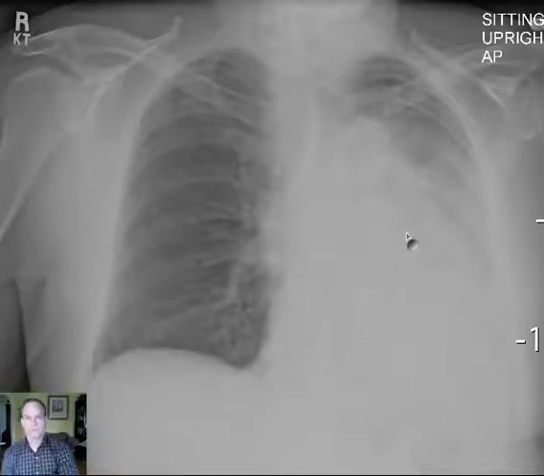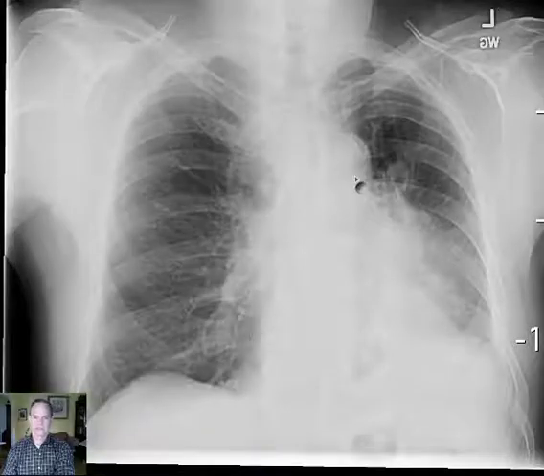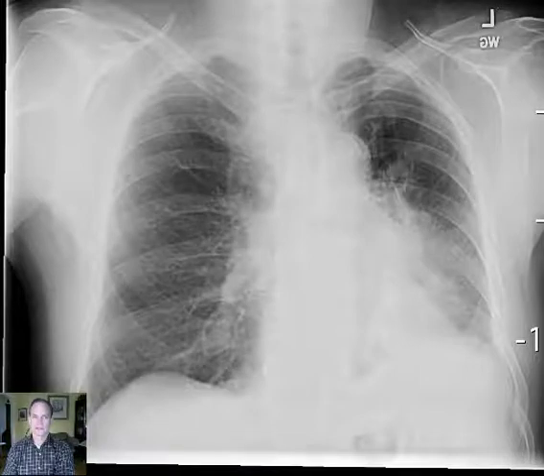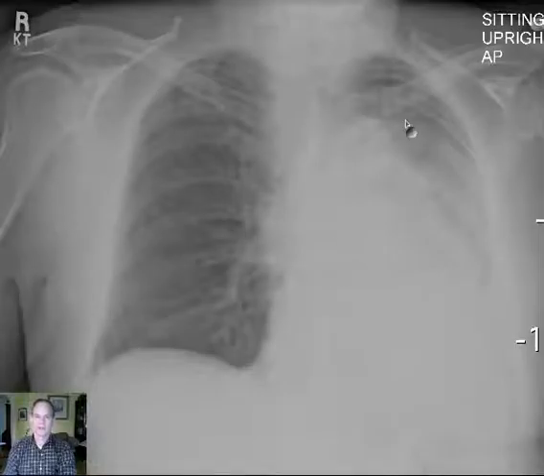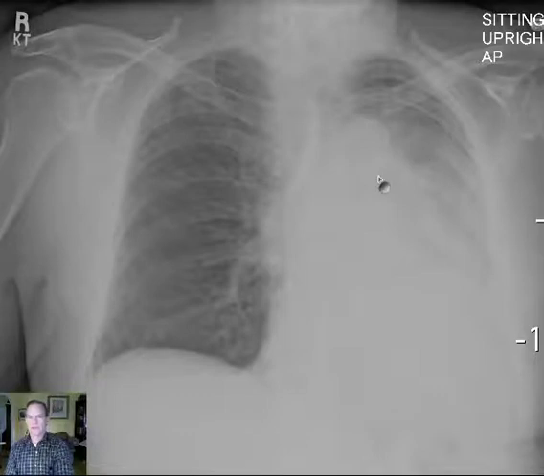Maybe there's more mediastinal shift to the left here. Let's look at the aortic knob. Part of it is overlying the vertebrae. Here it's more clearly to the left of the vertebrae. Okay, so now we have a problem.